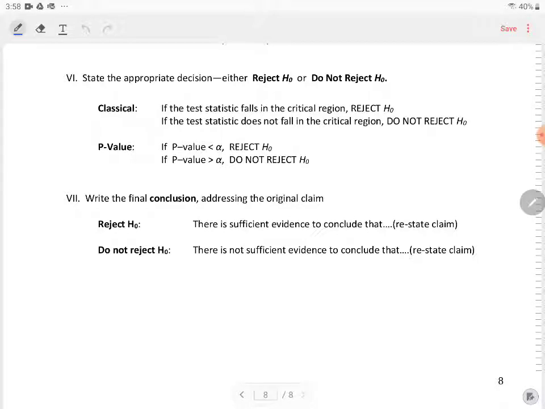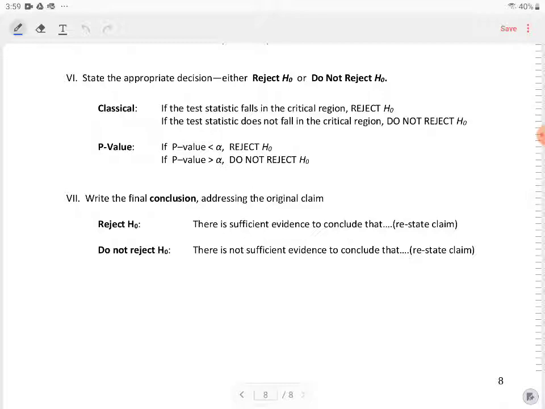So what we want to do is just go over the appropriate decision again. If the test statistic falls in the critical region, we reject H0. If the test statistic does not fall in the critical region, do not reject H0. If the p-value is less than alpha, we reject H0. And if the p-value is greater than alpha, you do not reject H0.